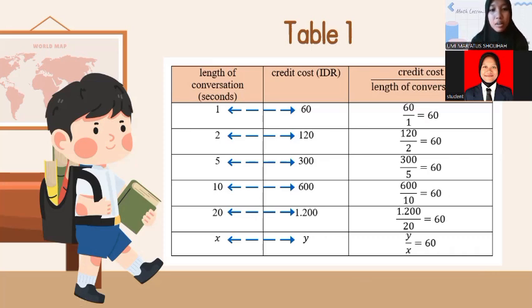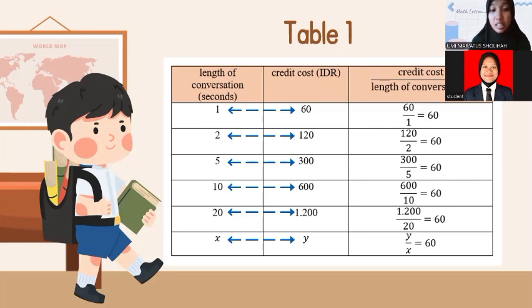In the table above, the result of dividing the cost of pulse by the length of the conversation in each row is always the same, which is 60.